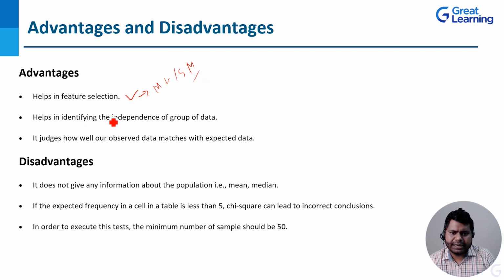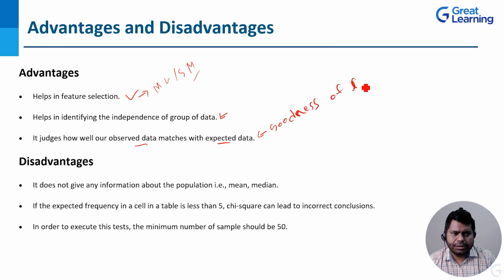Similarly, it helps in identifying independent groups of data. We have seen two or three examples where we tried to establish a relationship between two variables, or identify whether two variables are related to each other or not. It judges how well our observed data matches the expected data. For example, in goodness of fit, we saw this example.